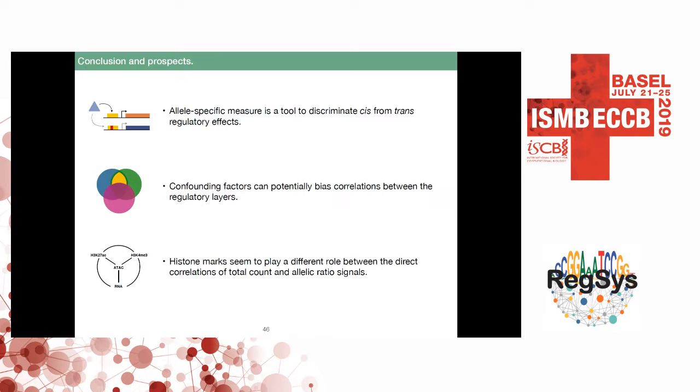So you can actually measure direct correlation between two variables without other potential confounding factors. And finally, using both allele-specific data and partial correlation analysis, we end up looking at the regulation, and it might look like the histone signal plays a different role in the correlation between allelic ratio and total signal. So something to dig into a bit more.